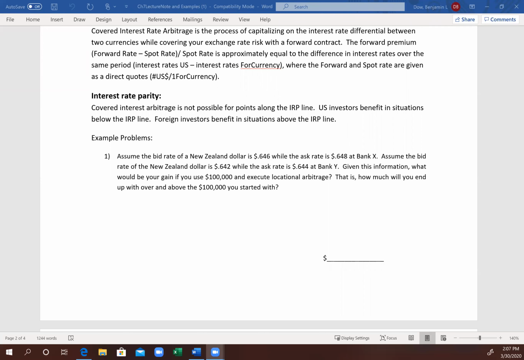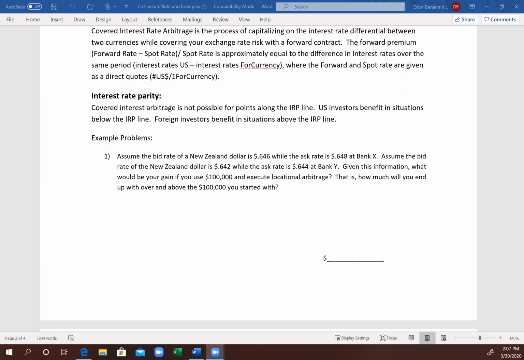And if we go back to Chapter 7, you'll remember interest rate parity, triangular arbitrage, and locational arbitrage. Basically, what it was showing was that with locational arbitrage, spot rates will be in equilibrium.